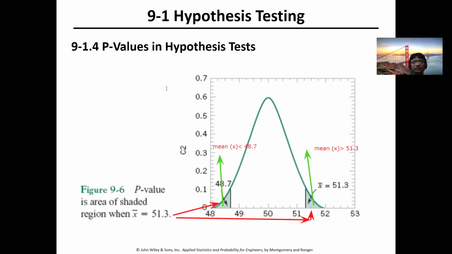The total probability is 1. So this is the actual p-value, the combination of two facts: mean of x less than 48.7 and mean of x greater than 51.3.